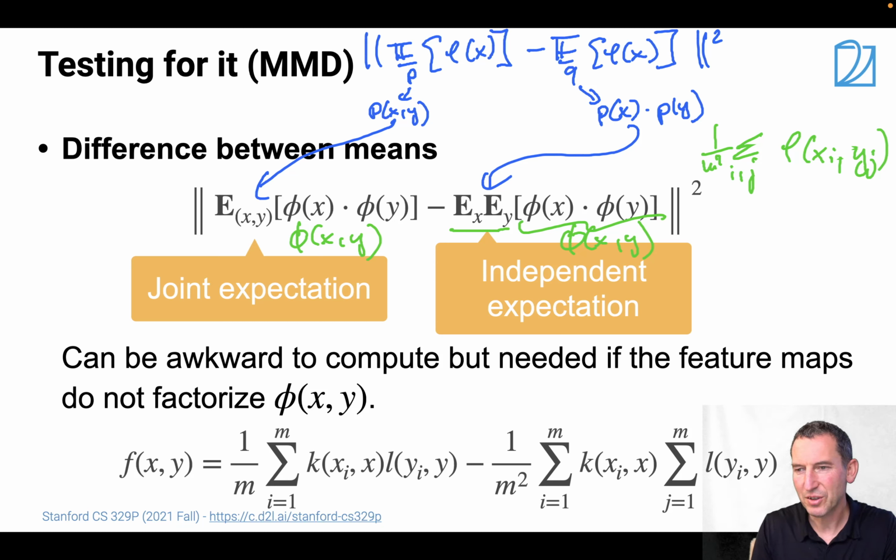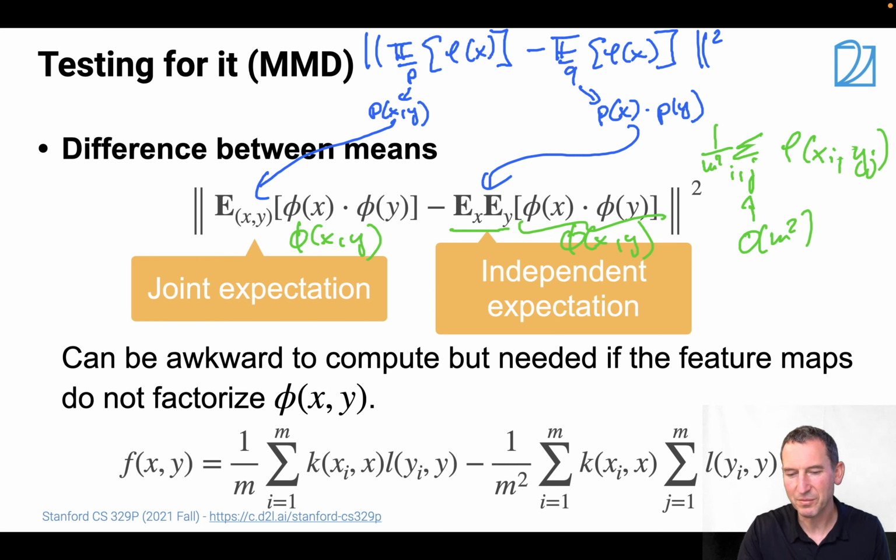And as such, you can then go and nicely compare joints and not joints. But this is now an order, if you don't do anything clever, it becomes an order m squared algorithm, which is why people really, really prefer taking individual expectations here and then taking products.